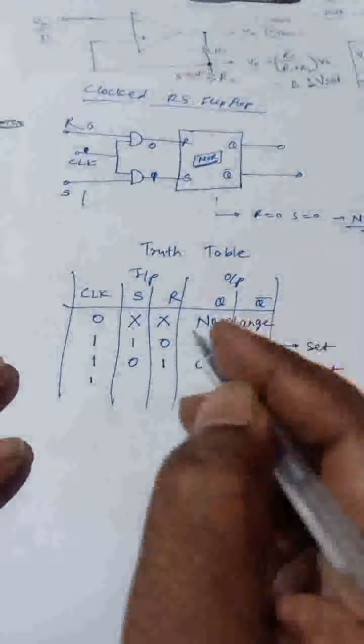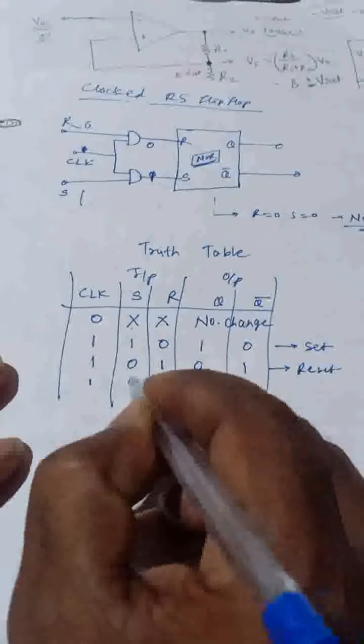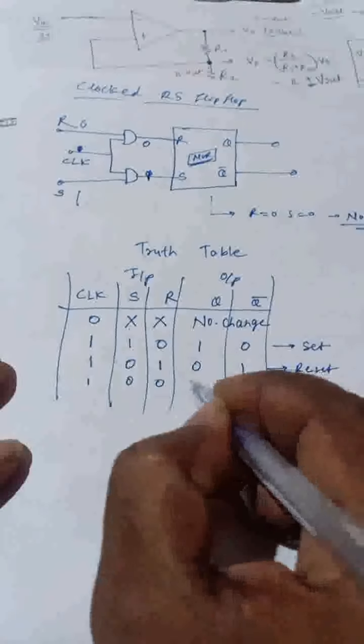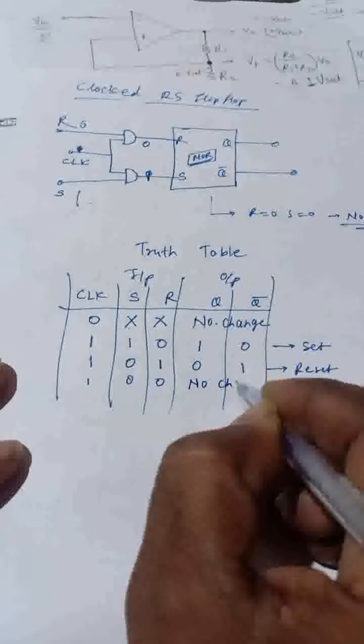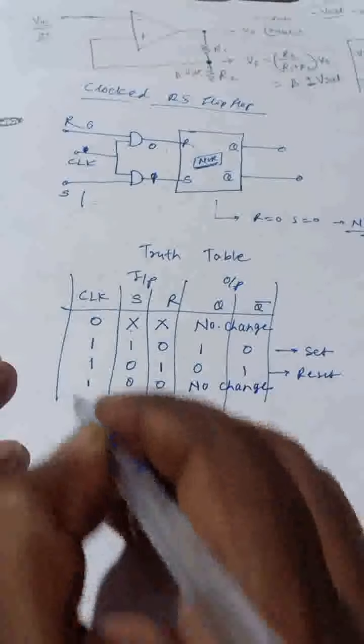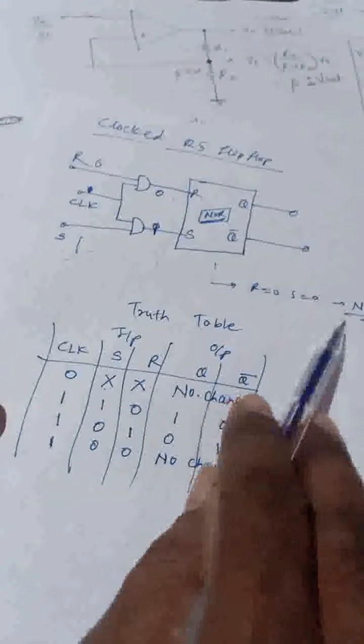Similarly, if clock is applied and both are 0, then again it is no change. We are using the flip-flop which has the 0, 0 no change condition.